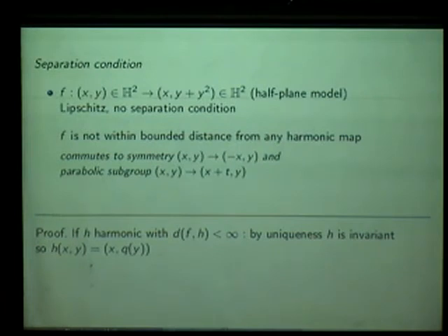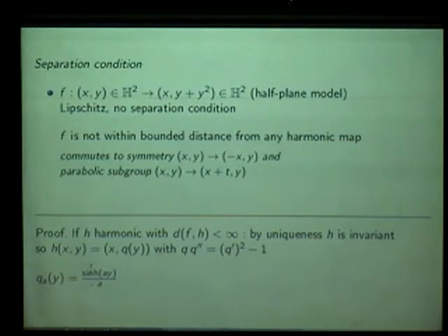And why is it useful? It's because now the equation, the PDE that states that h is harmonic, reduces to an ordinary differential equation on this function, and we can easily solve it. This is the whole family of solutions. Of course, we want the function to be 0 at 0 and infinity at infinity, so there are only one-parameter solutions, and you easily check that none of them is okay.